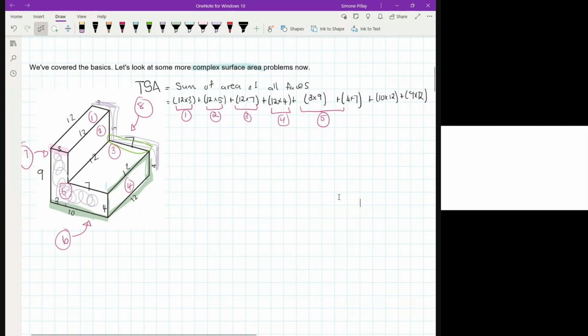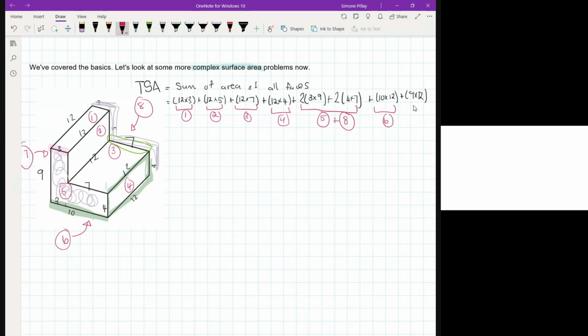Face number 5 is going to be the same thing as face number 8, so I'm going to multiply that by 2. So now this is us adding face number 5 and face number 8.